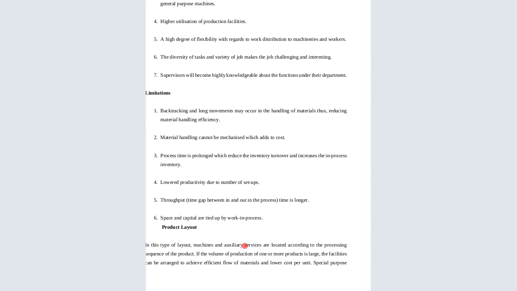Lowered productivity due to the number of setups. Another disadvantage is throughput time, that is the time gap between in and out of the process, which is longer. Another one is that space and capital are tied up by the work in process.